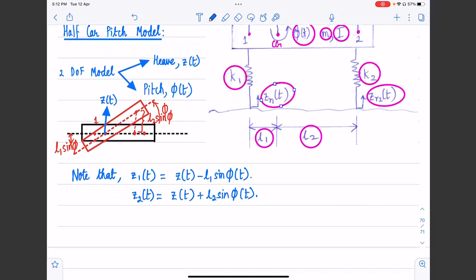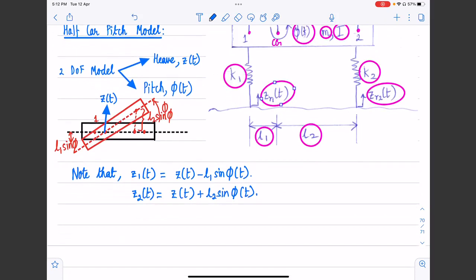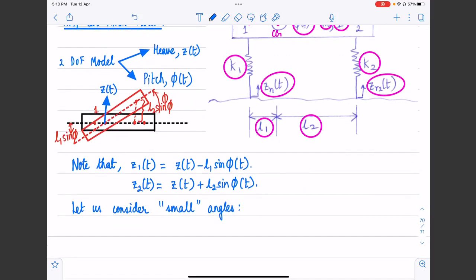So now, what are the other things that we need to look at? Let us consider small angles. Okay, so we are going to make an approximation of small angles. So phi is going to be very small. If I make this approximation, we are going to consider sine of phi of t to be approximately equal to phi of t.